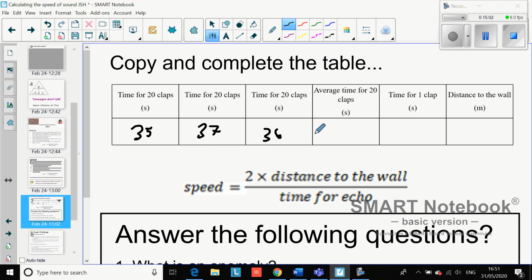Okay, now what we do is we would work out the average time for this. Okay, so it's actually very, very straightforward. What you do is you simply get your calculator and you do 35 add 37 add 36 equals 108. However, you did it 3 times, so you divide it by 3, and your average would be 36.